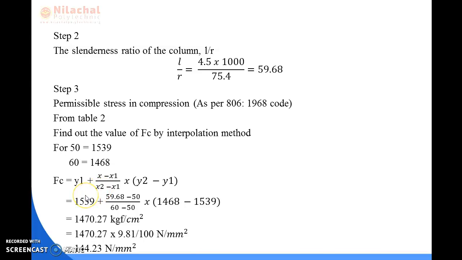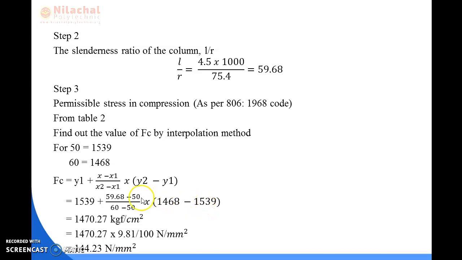So now we can find out the value of Fc for 59.68. Put the values here: y1 is 1539, x is 59.68, x1 is 50, x2 is 60, y2 is 1468 and y1 is 1539.